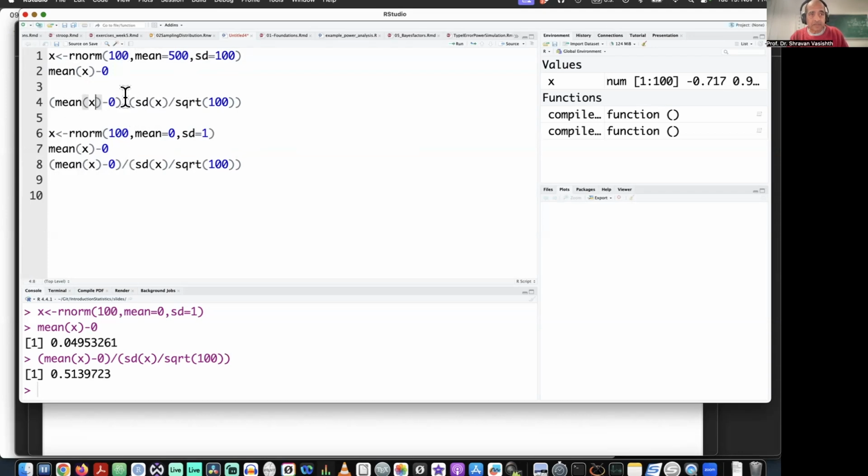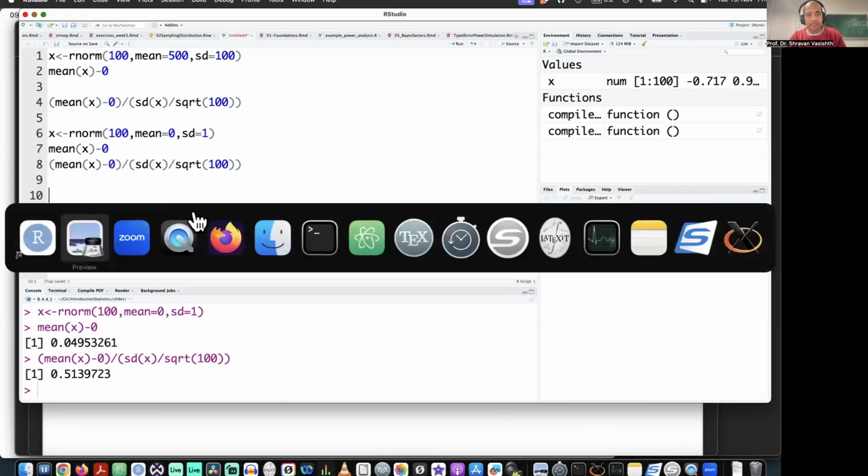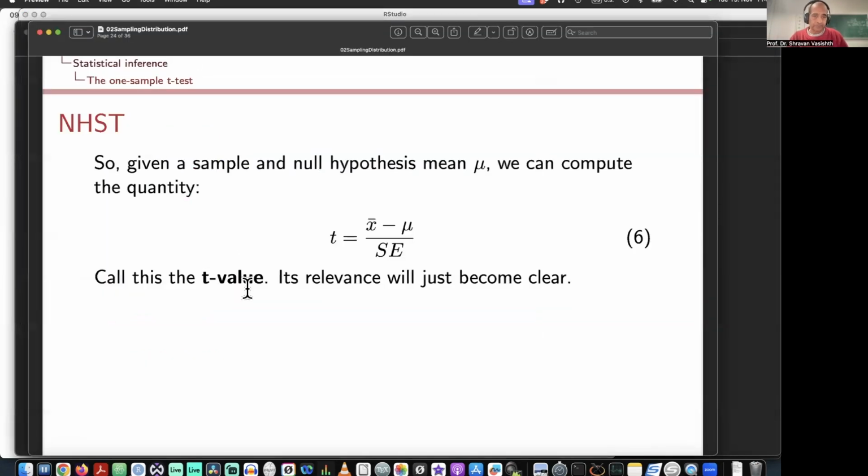This distance is very large because my hypothesis is that mu is 0, where mu is actually 500. In this case, my hypothesis is that mu is 0, and mu is in fact 0. So the distance is small here and large here, but they are comparable because they're both on the same scale. We're comparing kilometers with kilometers. So standard error is the unit here, okay?